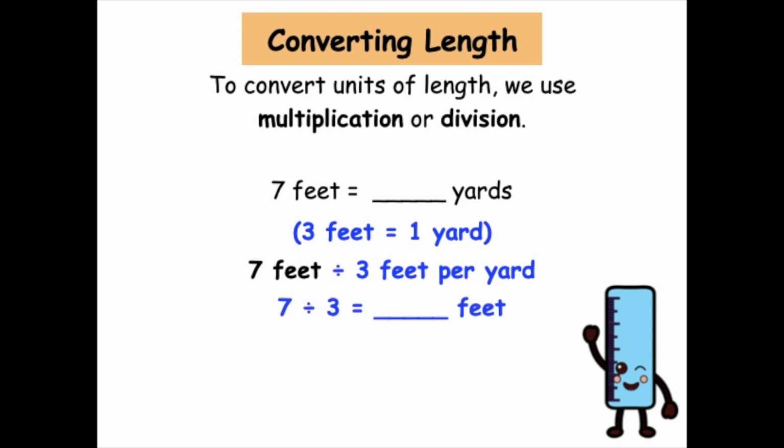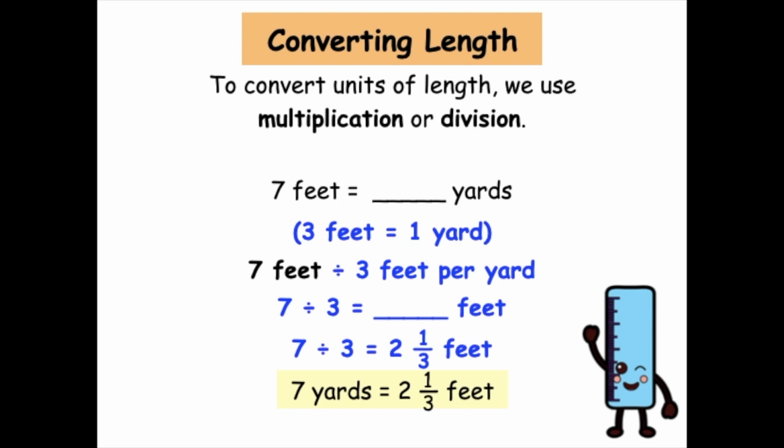So we're doing 7 divided by 3. 7 divided by 3 equals 7/3, which would really be the mixed number 2 1/3 yards. It's really like 29, 30 inches. This time we went from a smaller unit of measurement to a bigger unit of measurement. Feet are smaller than yards. So in this example, we used division to figure out our answer.